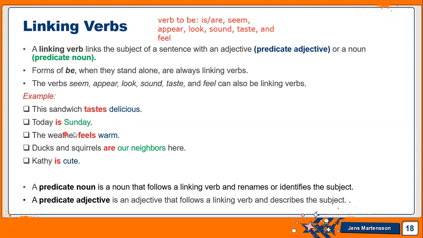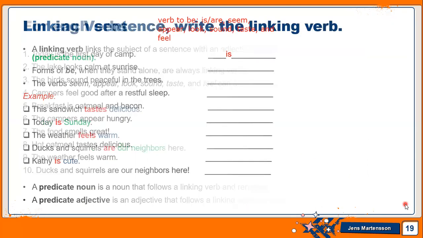So that's the predicate noun. The predicate adjective follows the linking verb and describes the subject. As I said before, this sandwich tastes, how does it taste? Delicious. So it's describing the sandwich. So it's a predicate adjective. It's describing the subject. Let's practice.